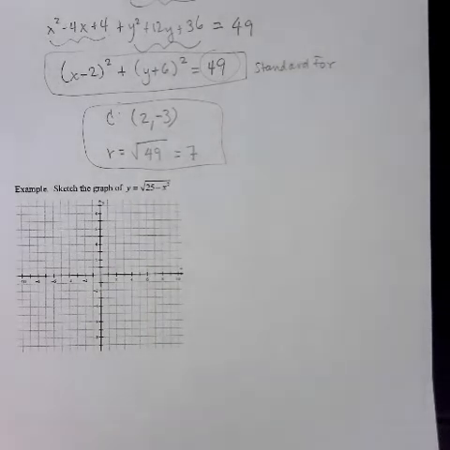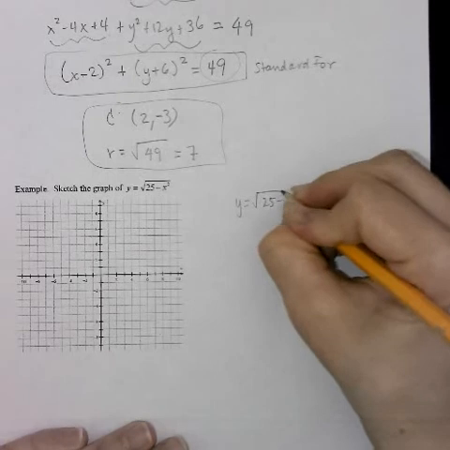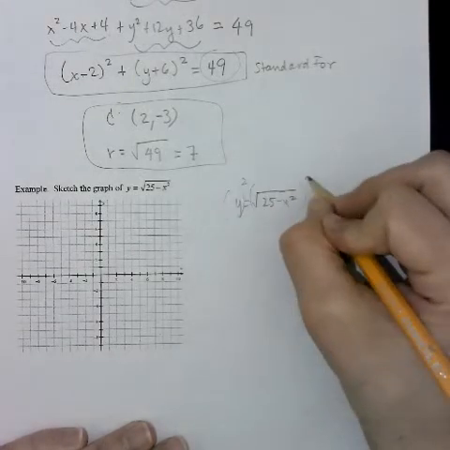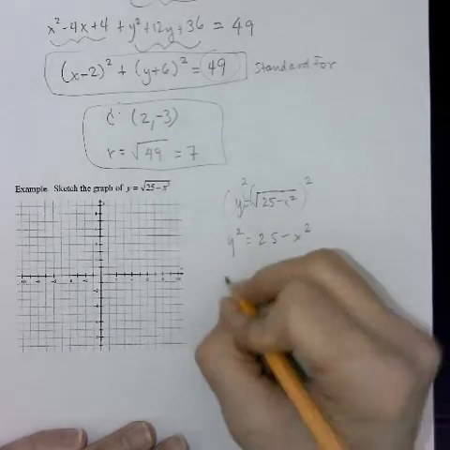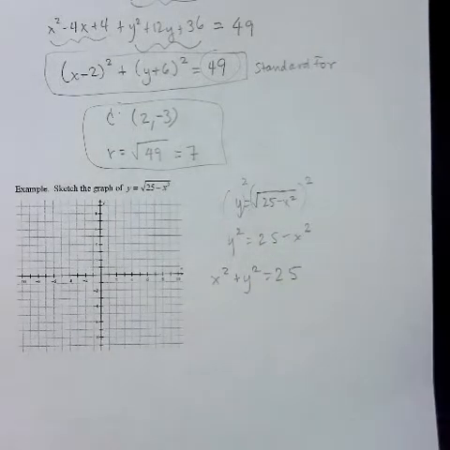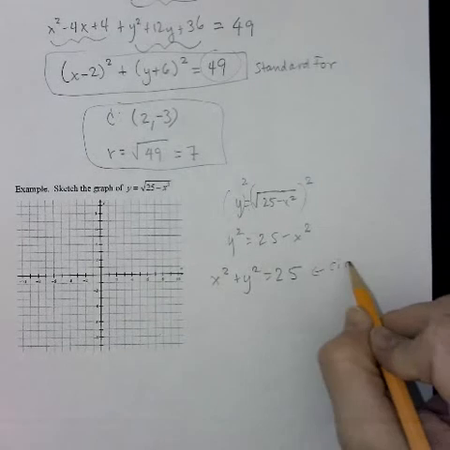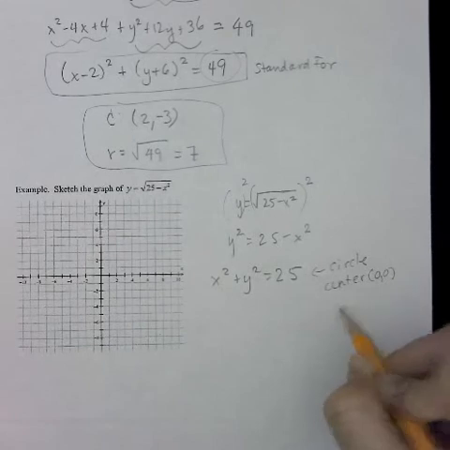Notice that if you took this y equals square root of 25 minus x squared, and if you square both sides, y squared is 25 minus x squared, add x squared to both sides, x squared plus y squared is 25. That's a circle with a center 0, 0, and then the radius is 5.